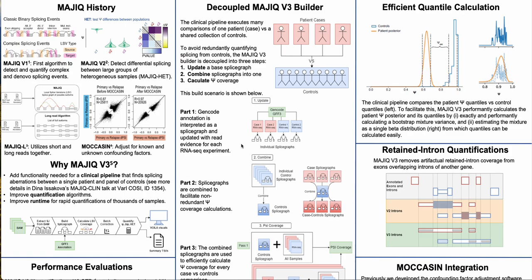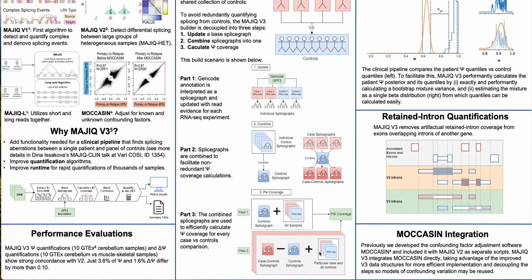In the clinical pipeline, we first update the base splice graph for each case and control RNA-seq experiment. Next, we can combine the control splice graphs into one and quantify splicing event coverage for all cases and controls. Lastly, we can combine each case splice graph separately with the controls and quantify only the additional splicing variations for the particular patient case.